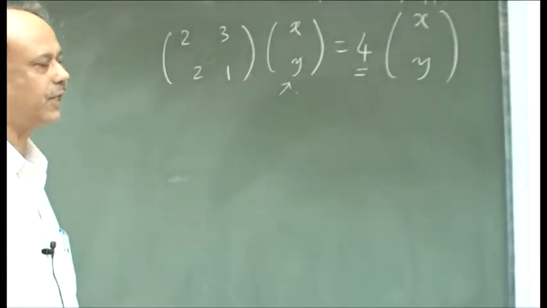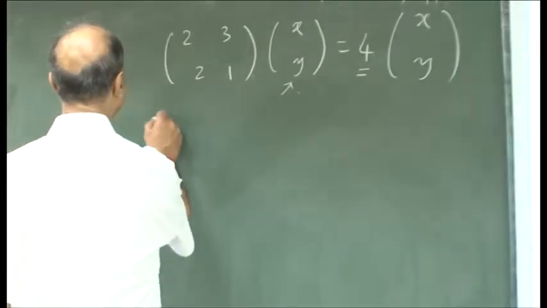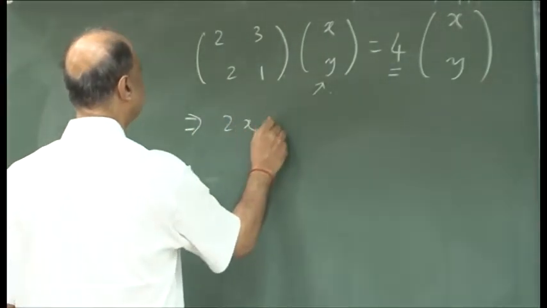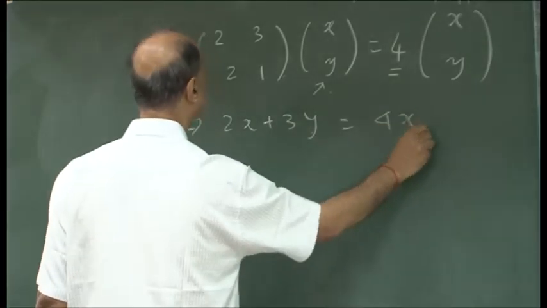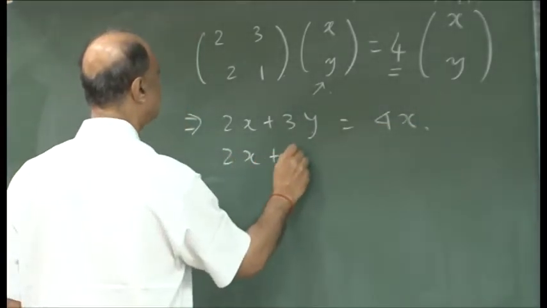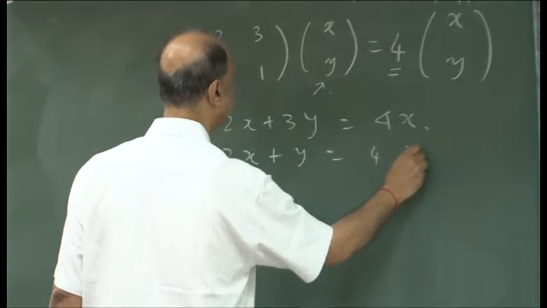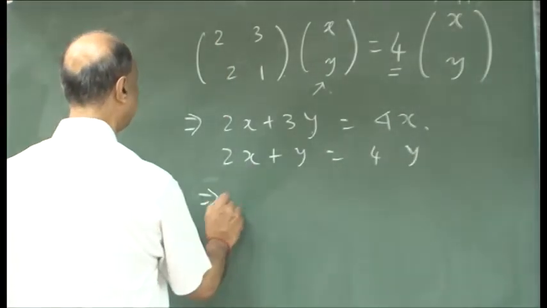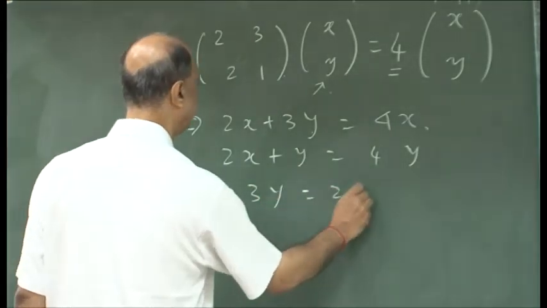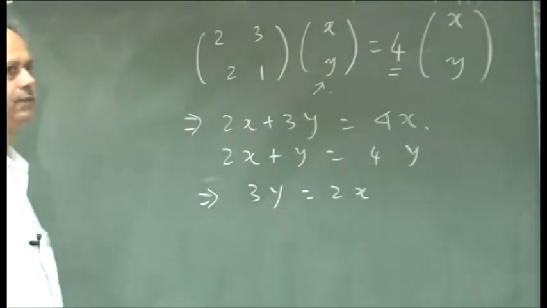So, this gives you 2x plus 3y equals 4x and 2x plus y equals 4y, and this gives 3y equals 2x, right.